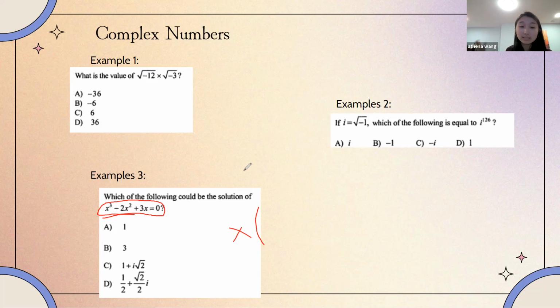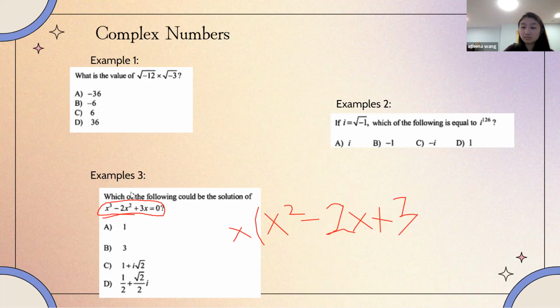We know that 0 is automatically a solution. So that means that this is x times x squared minus 2x plus 3 equals 0.